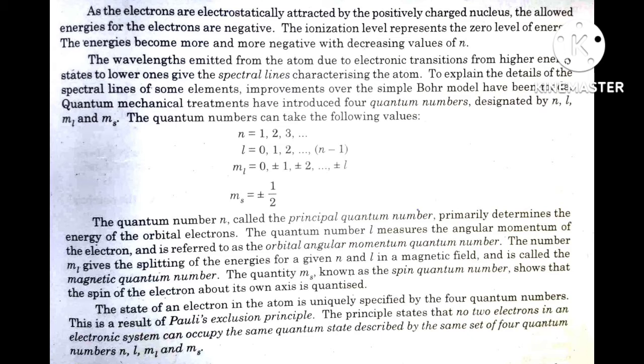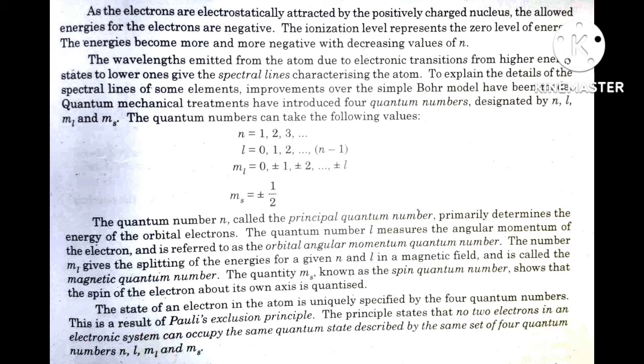As the electrons are electrostatically attracted by the positively charged nucleus, the allowed energies for the electrons are negative. The ionization level represents the zero level of energy. The energies become more and more negative with decreasing value of n.